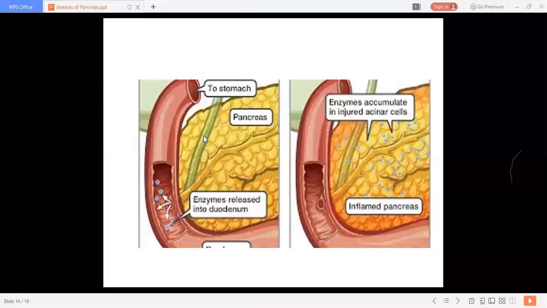This is the pancreas. The enzymes accumulate in the injured acinar cells, which leads to an inflamed pancreas. That is the mechanism of defective enzyme transport.